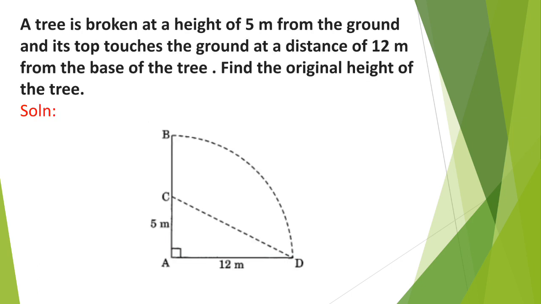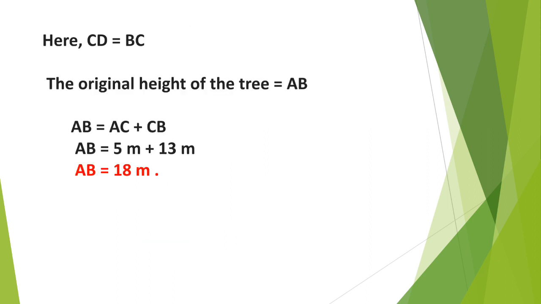I repeat, we are having AC 5 meter and the distance AD 12 meter. With this forming a right angle, we are finding the value of CD. Already I said the BC part of the tree falls on the ground, that is CD. So, we have BC equal to CD.